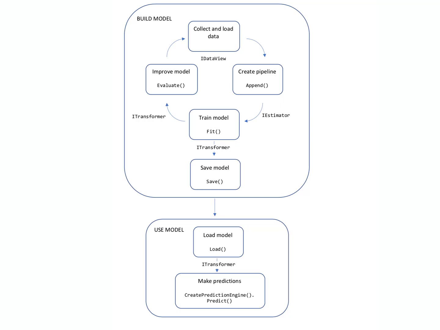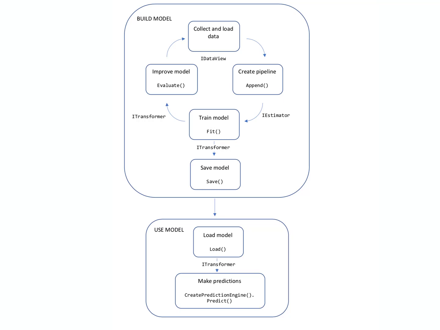The first thing you always want to do is load your data into memory, into something called an IDataView. The IDataView can be loaded from either a file on disk, such as a CSV file or a tab-separated file, or you can load it from a SQL Server or even from a streaming dataset if you don't have sufficient memory. Once you have your data, you generally want to divide it into a test and a training data set. The test set is used to evaluate the performance of your model later, and the training set is used to train your model on.